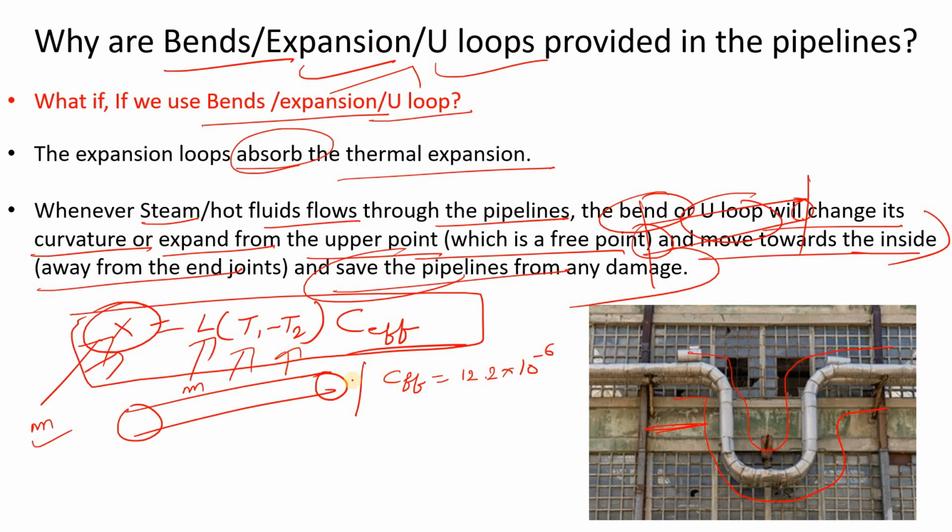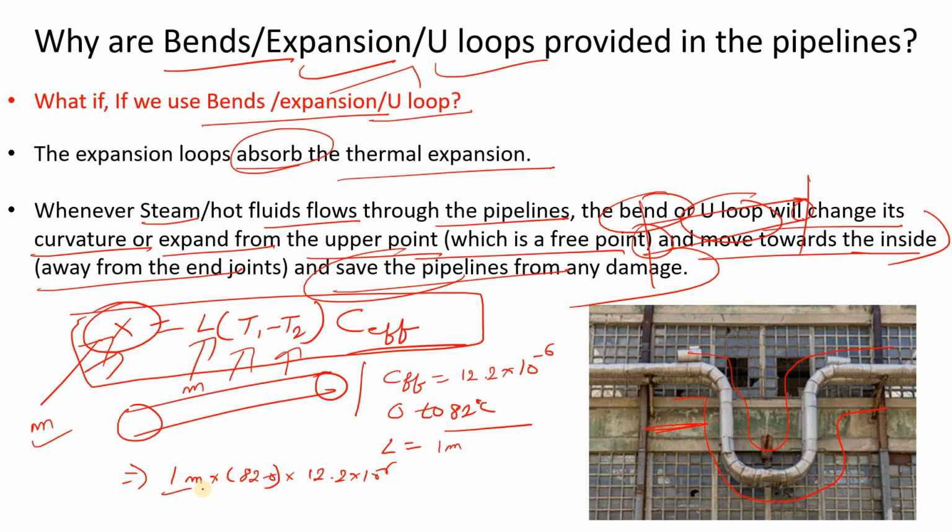Let's assume that you are raising the temperature from 0 degrees Celsius to 82 degrees Celsius, and let's assume that this L is 1 meter. So now what will happen? Simply see here, 1 meter into 82 minus 0 into 12.2 into 10 to the power minus 6.